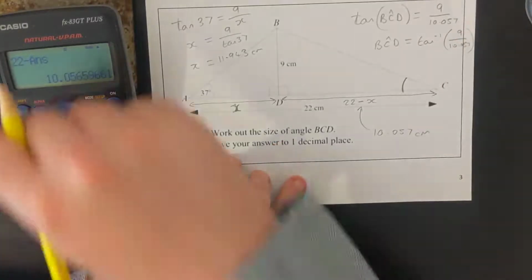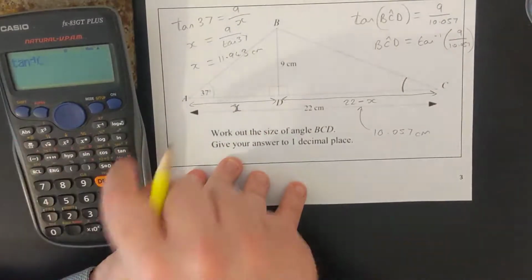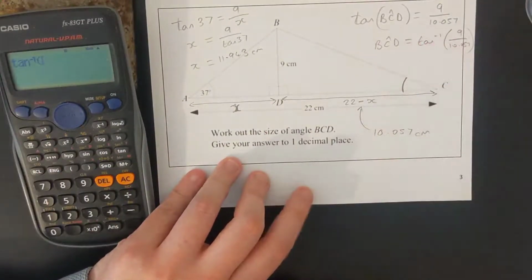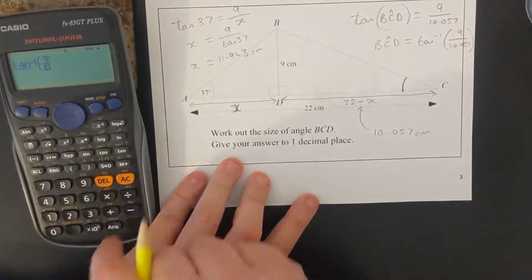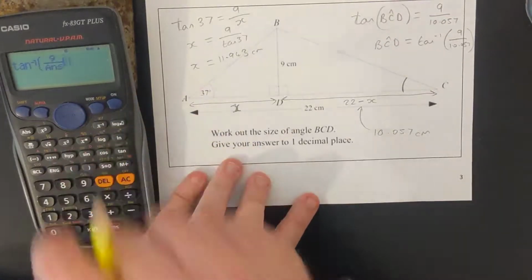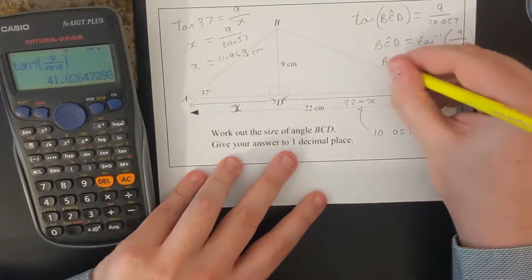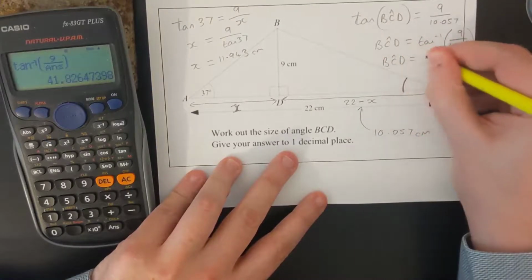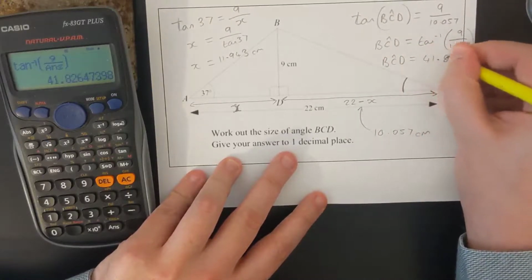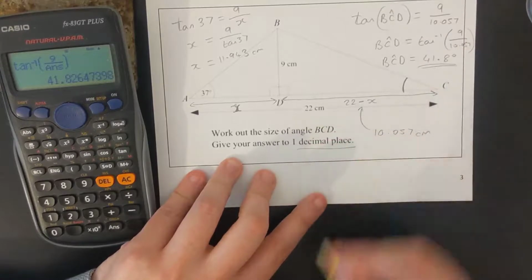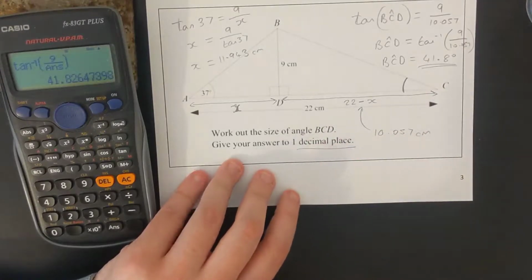And again, I can make use of the answer button on my calculator, shift tan to get inverse tan, and then 9 over answer, close brackets, giving me a value for BCD of 41.8 degrees, remembering they wanted it to 1 decimal place.